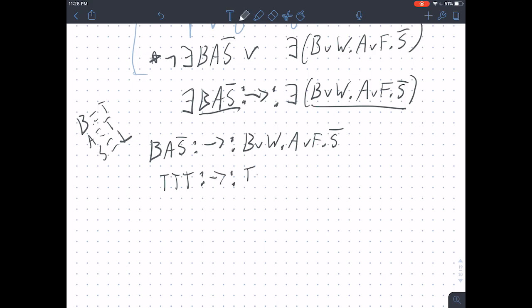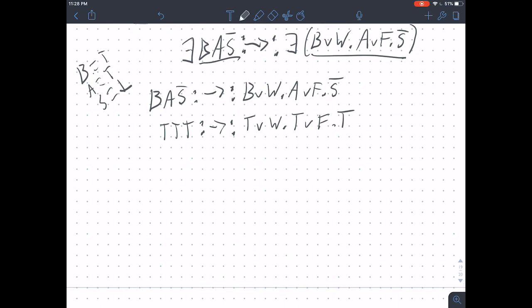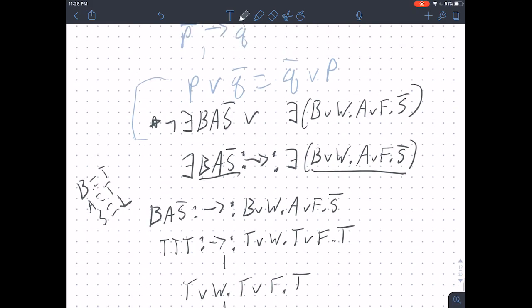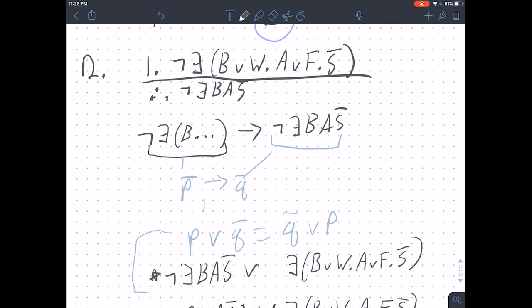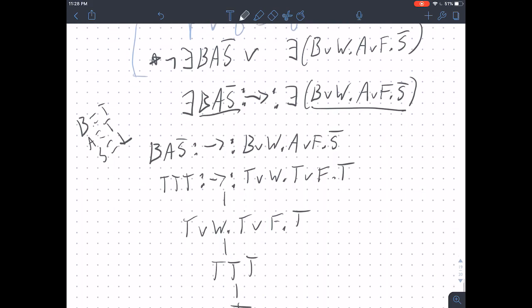And that's true or W and true or F and true. And so that gives us true or W and true or F and true, and that's true, true, true, which is true. So here we can see that this premise does imply this conclusion.